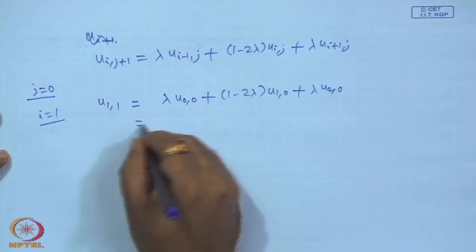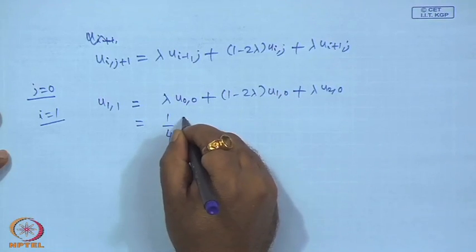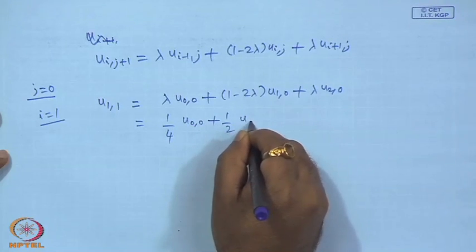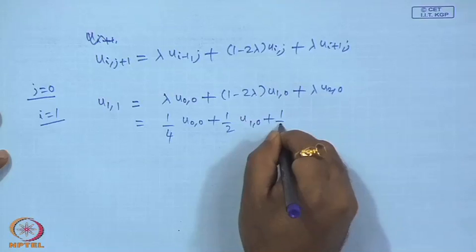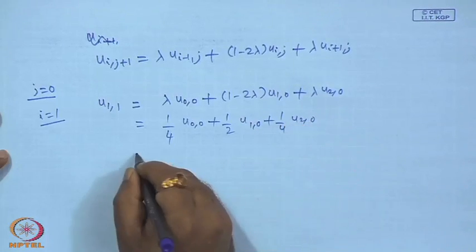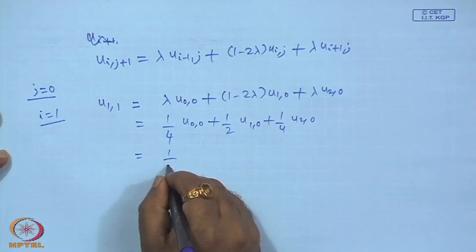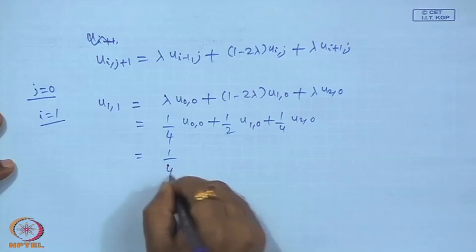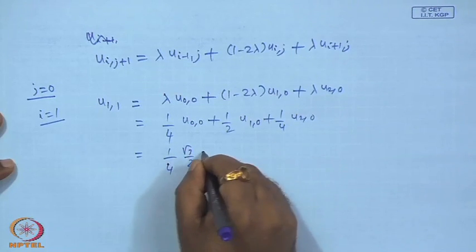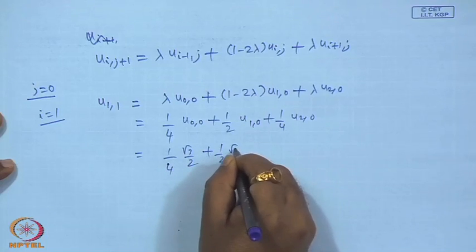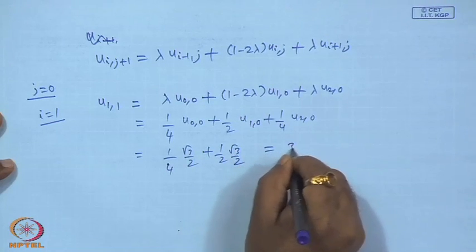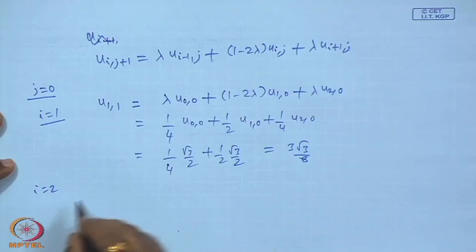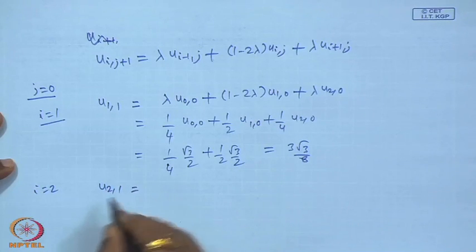Okay. So, this can be computed. So, similarly, at the next grid point u 2 1.